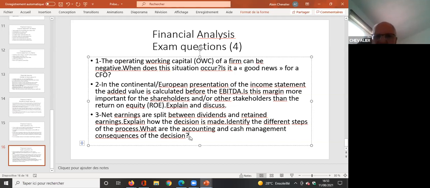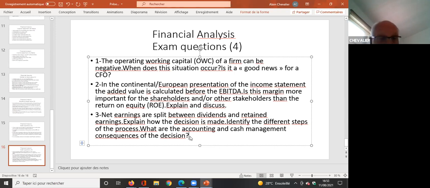But at the end, they have their own scenario. That means the management of the firm has a potential decision which is presented to the shareholders at the next annual meeting.